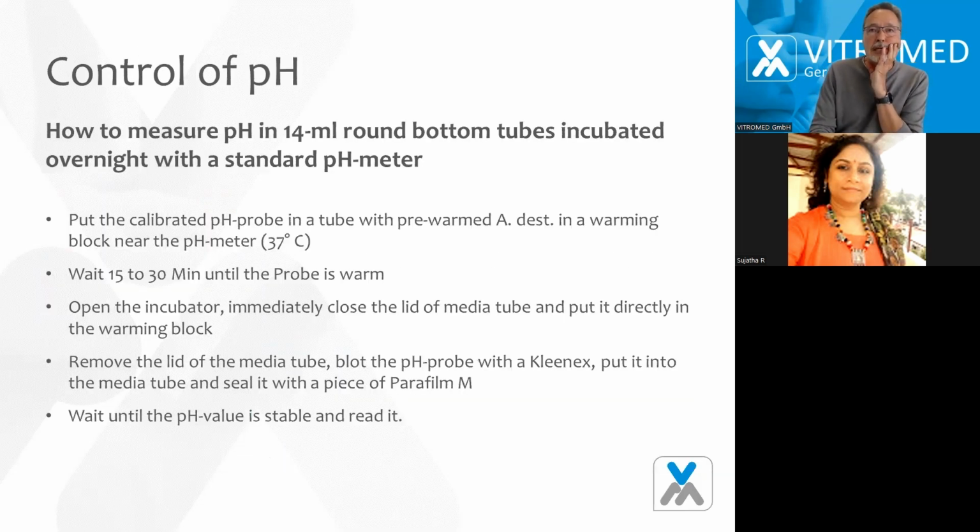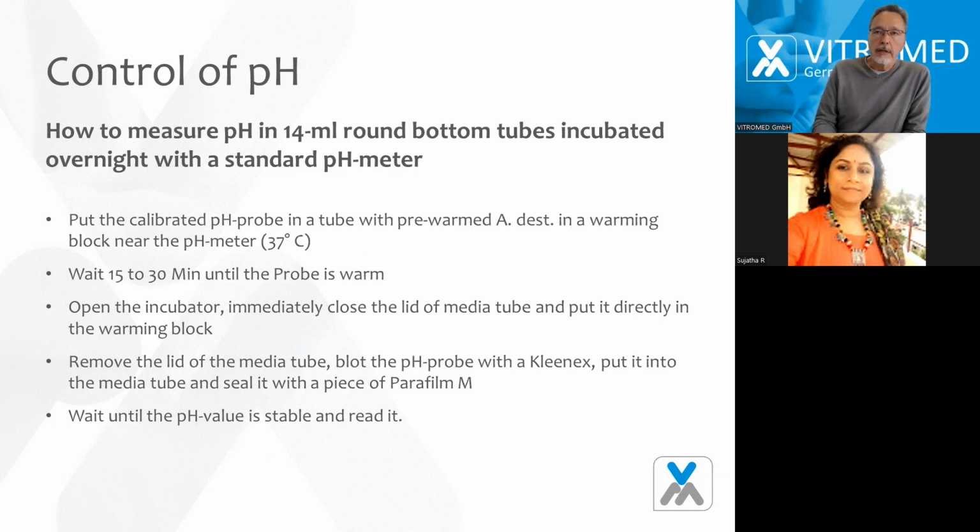So, some steps on how to do it. I think it's very important that you pre-warm the pH probe, because normally you do this in a 14 ml tube with 2, 3, 4 milliliters of medium.